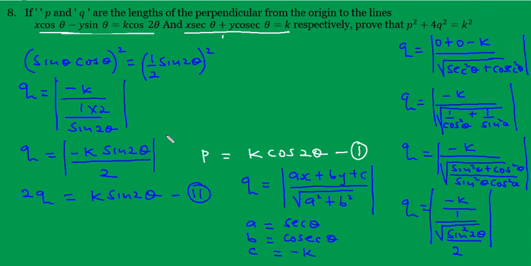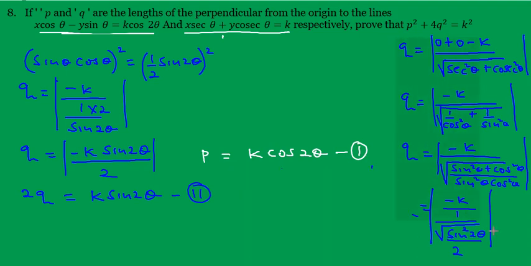So now at this point, we have q in terms of sine and p in terms of cos. What we need to prove is this p squared plus 4q squared is equal to k squared. So all we need is to eliminate theta from these two equations. We shall connect equation 1 to equation 2 and we come up with the expression needed. So let me create more space here.